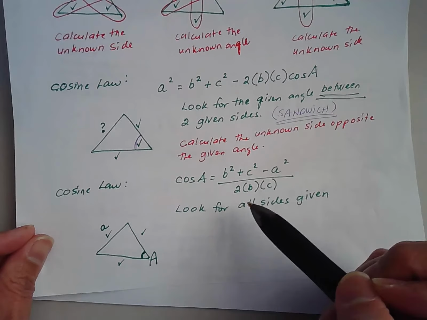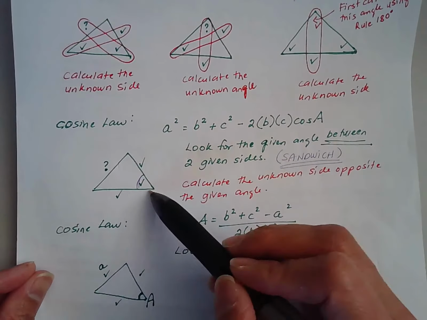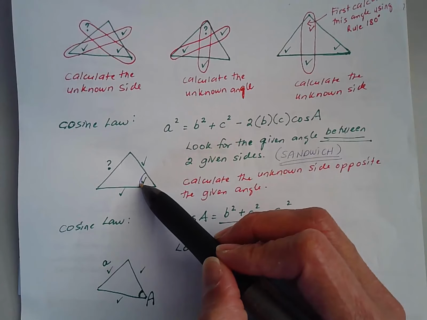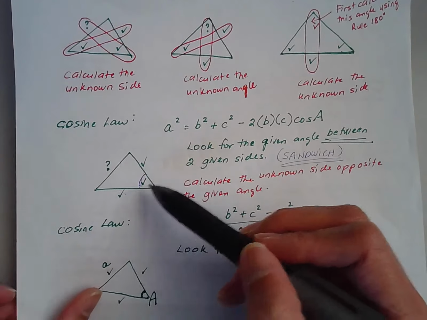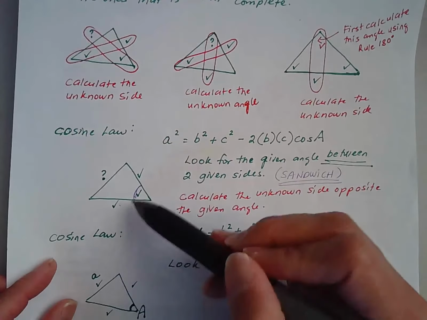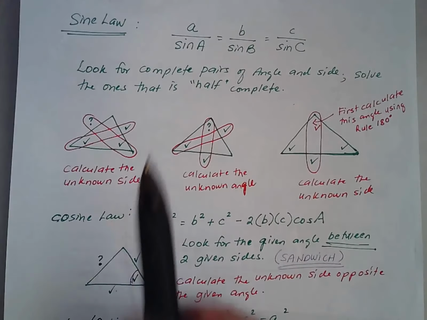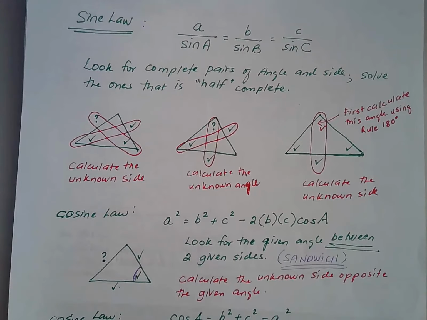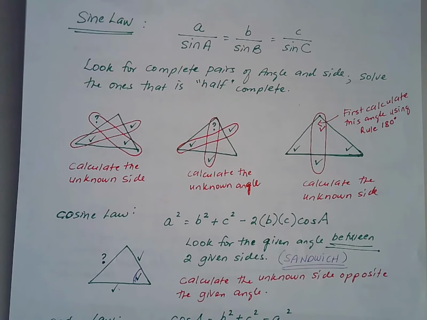If we have a sandwich phenomenon, where the given angle is between the two given sides, this is our strategy, for finding the side. And if it's not these two, it's most likely the sine law. It has to be the sine law. I think next time I teach this, I'm going to start with cosine law, because I think cosine law is easier to spot.